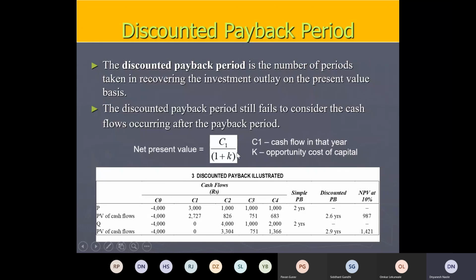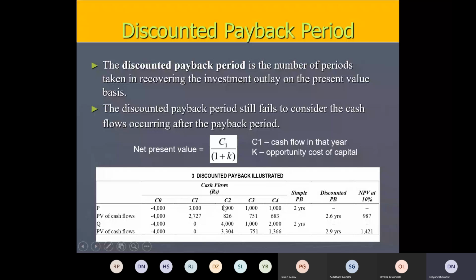If you have a calculator, the value of 3,000 divided by 1.1 comes to 2,727. So the 3,000 rupees which we are going to get after 1 year, its present value is 2,727.